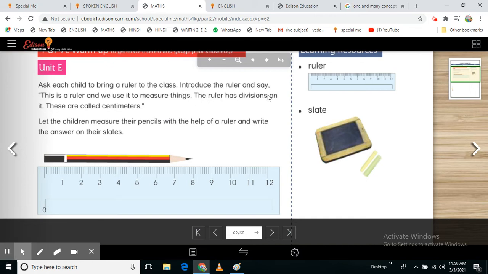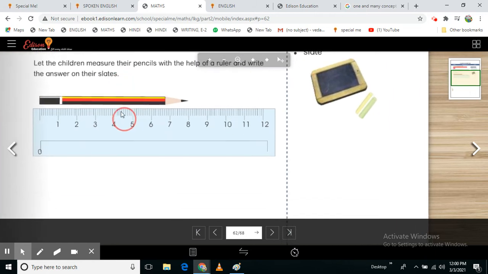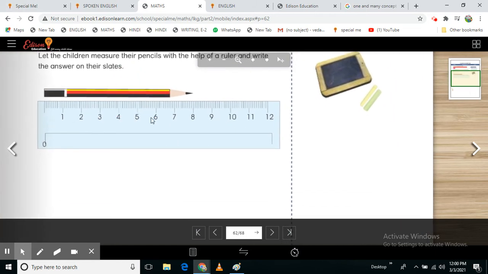So the ruler has divisions on it. These are called centimeters. These are divisions, right? Let the children measure their pencils with the help of a ruler and write the answer on their slates. Okay. Now see, this is a ruler, right?